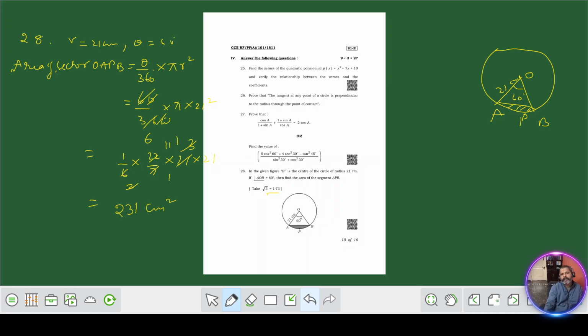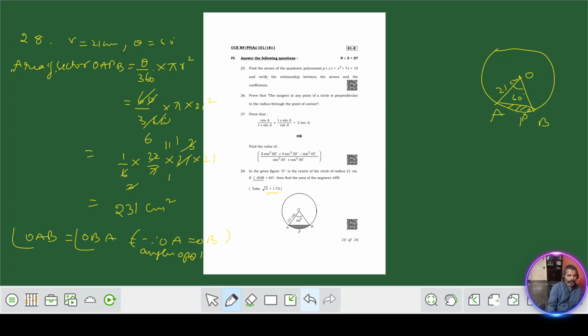Then to find the area of the triangle, we may need the height or we may need all the sides. But just observe it carefully. Angle AOB is given 60 degrees. OA, OB are the radii. When OA and OB are radii, their opposite angles are equal. Therefore, angle OAB equals angle OBA because OA equals OB.